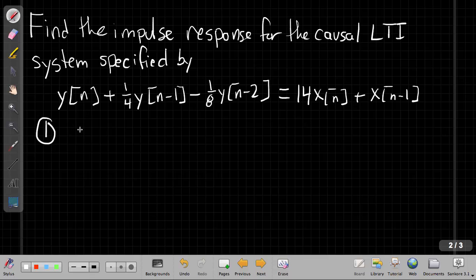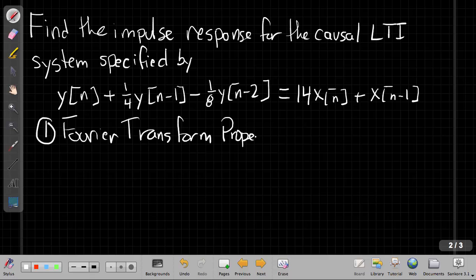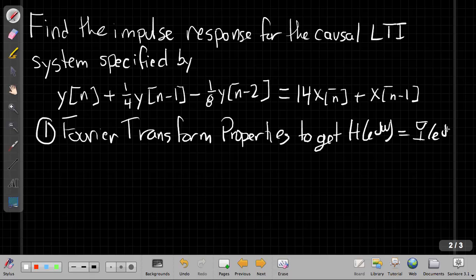The first step is to use Fourier transform properties to get the frequency response, which is the Fourier transform of the output divided by the Fourier transform of the input. So we're going to do that first.